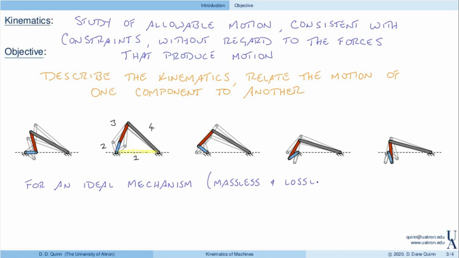So if it's massless and lossless, we can use the kinematics. Right, so we can use the motion to describe the forces. And this is based on concepts of work. Right? Remember, work is force dot displacement. So it seems to reason that the forces and the motion are related for a mechanism.